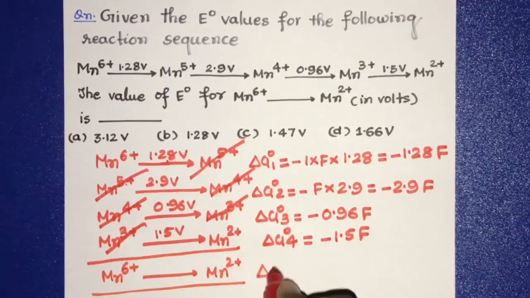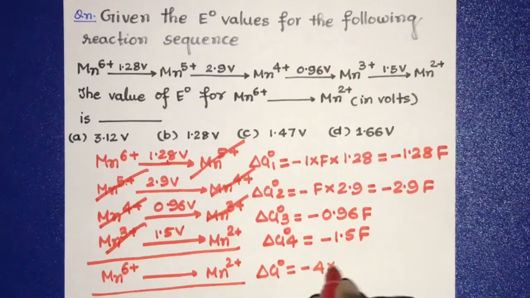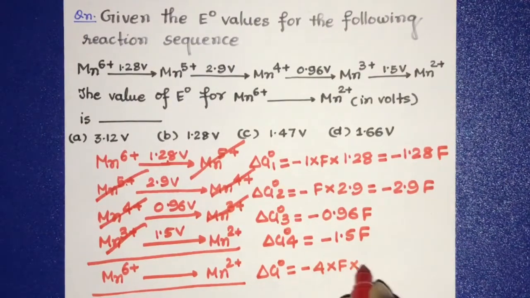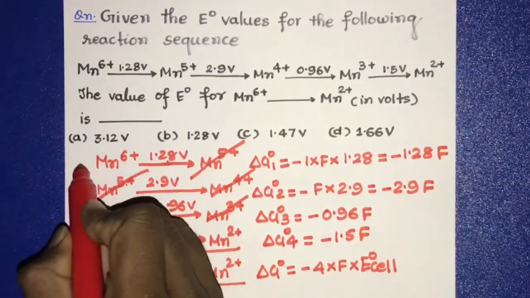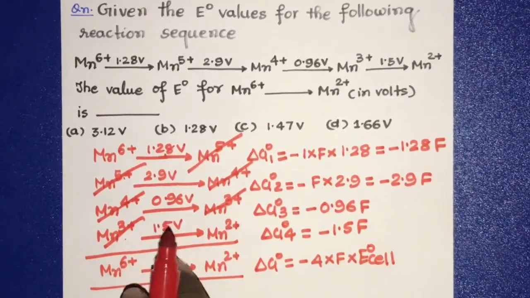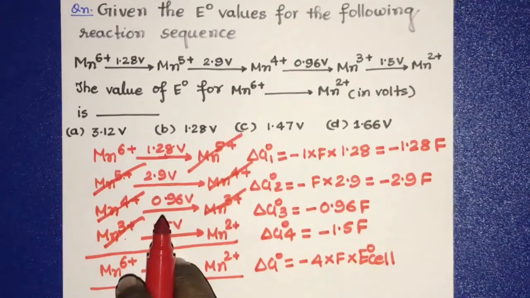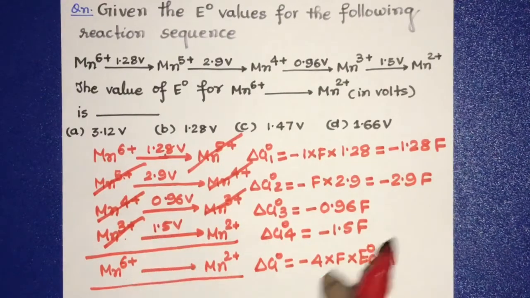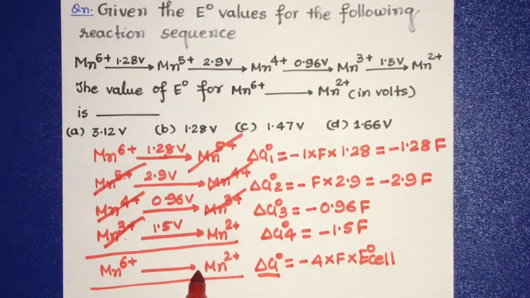Now delta G naught for this reaction is minus n, and here n is 4 electrons, so 4 into F into E0 cell of this target equation. Now we are adding the first, second, third, fourth equations to get this final half cell reaction. In a similar way we can also find the delta G naught of this required equation by adding all these delta G naught values.